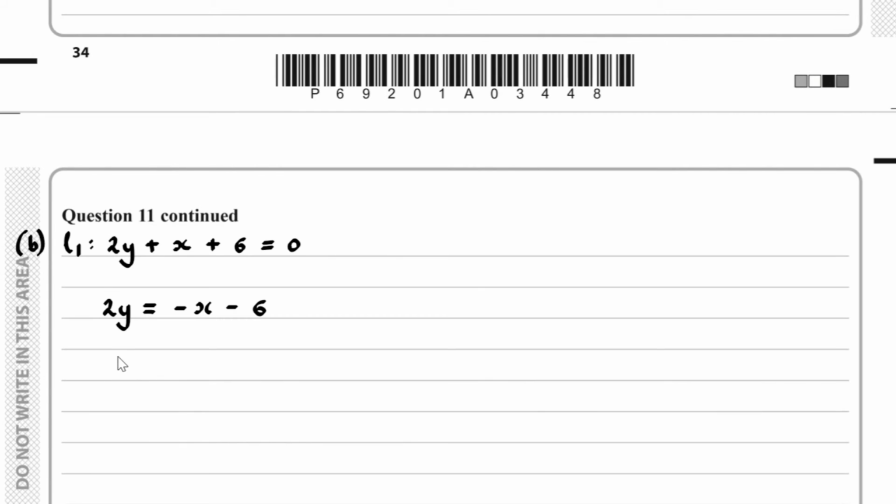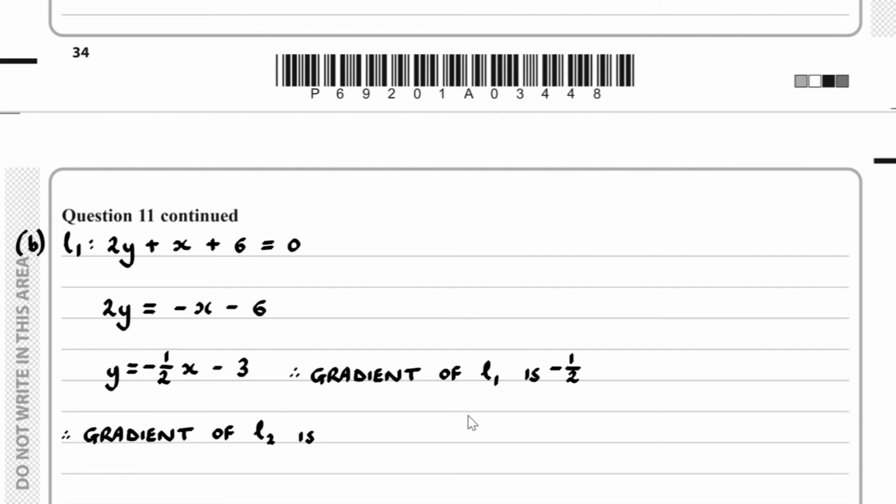And so if I divide by 2, y is equal to negative 1/2 x subtract 3. And so what we can see here then, the gradient of L1 is negative 1/2. And because L2 is perpendicular to L1, we can say that the gradient of L2 is the negative reciprocal of negative a half, which is 2.